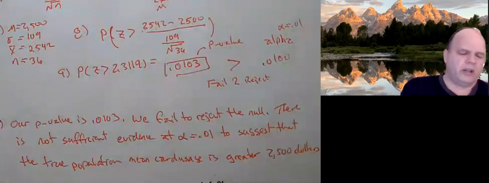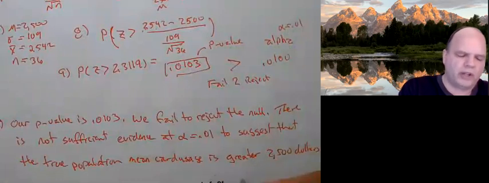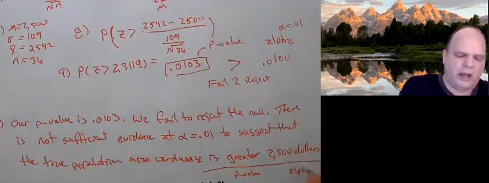All right, the next thing. Basically our p-value failed to be small enough because we chose an alpha of 0.01. What if we'd chosen an alpha of 0.05? Once again, here's our p-value, 0.0103.